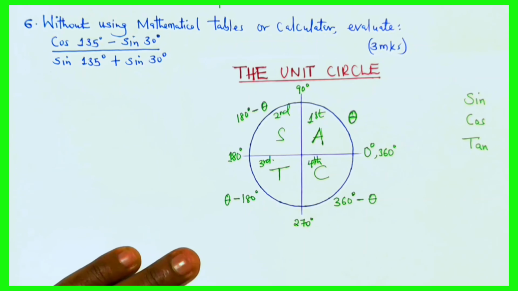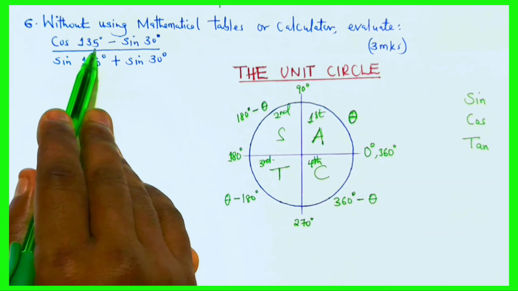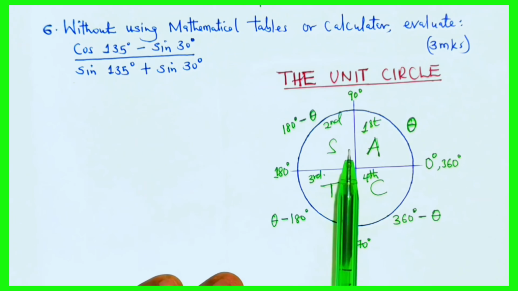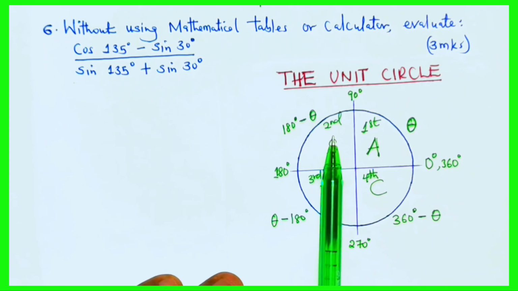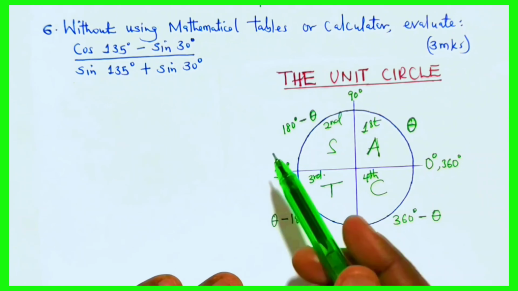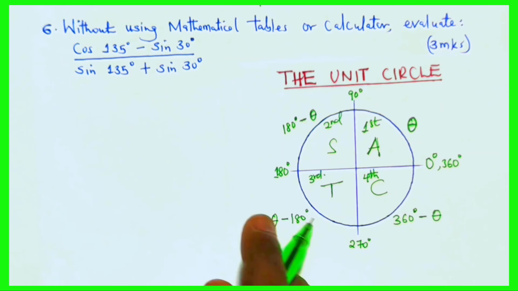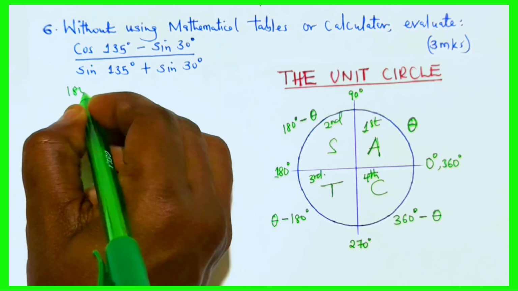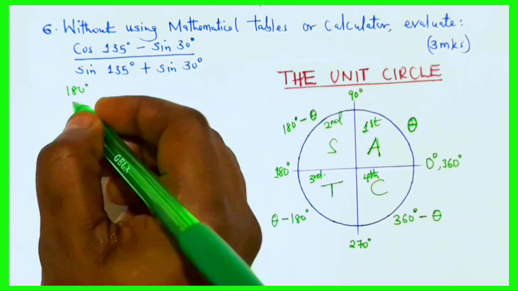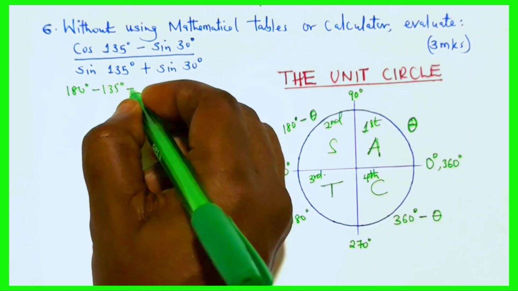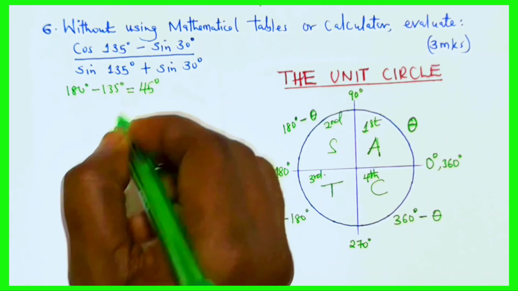Now let's consider the solution. The first angle, cos 135 degrees. 135 degrees is found in the second quadrant, and since it is found here, we are going to consider 180 degrees subtract 135 degrees, and this will lead us to 45 degrees.